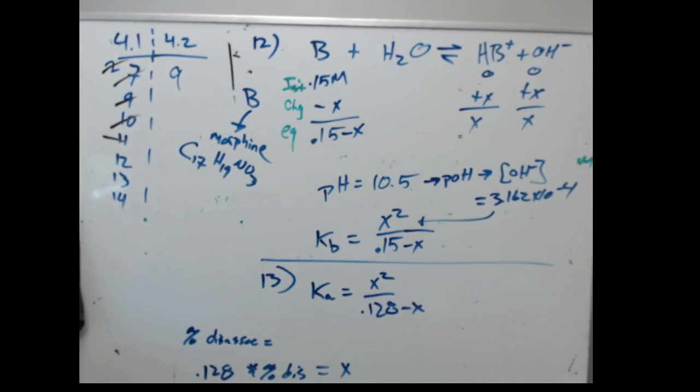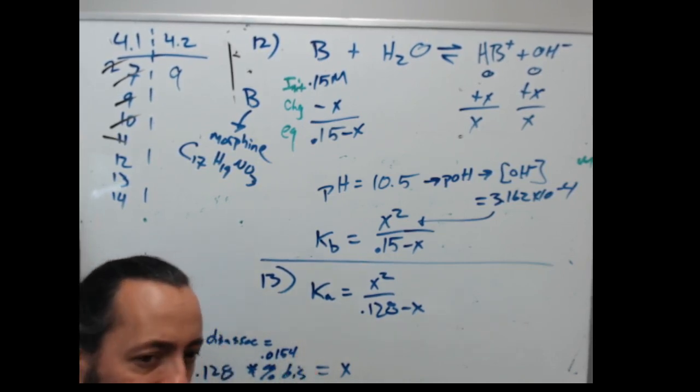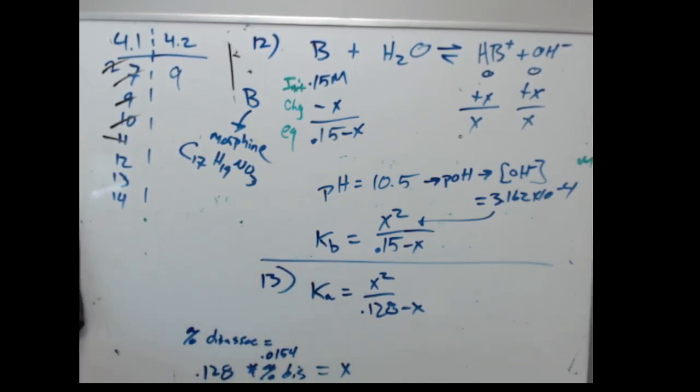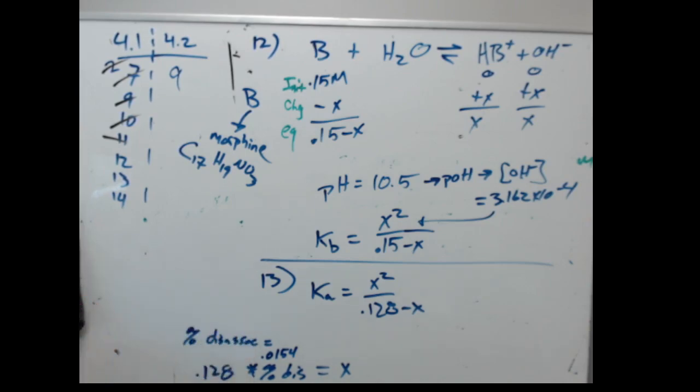So I had a random 1.54% disassociated, so I do my 0.128 times 0.0154. Sorry, too many zeros there. That gives 0.00197, or about 0.002. So we plug that in for our x.